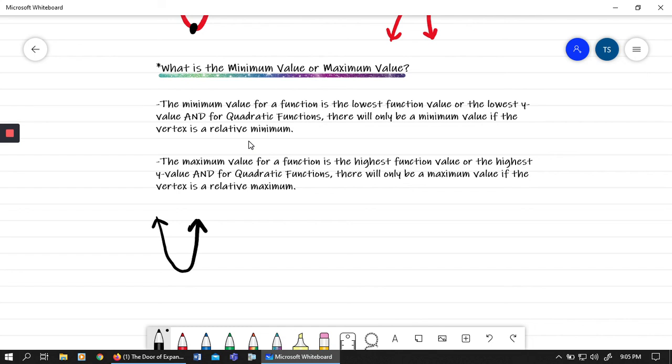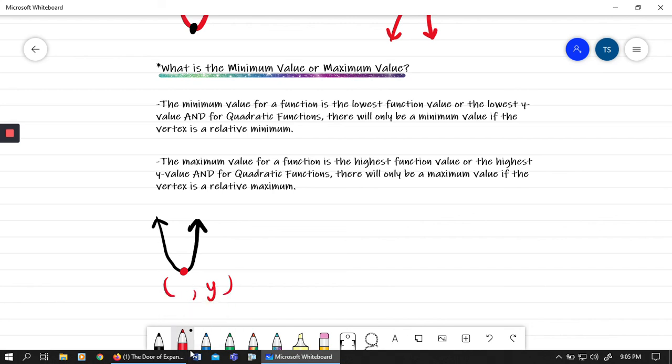So if your vertex is a relative minimum, then in other words, your minimum value is going to be the y value of that vertex, or that lowest y value there.